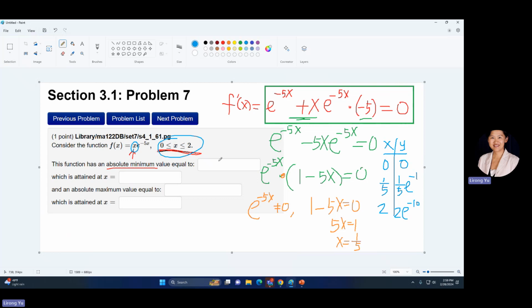The minimum is 0. The maximum is 1/5 times e to the -1. The minimum happens when x equals 0. The maximum happens when x equals 1/5. Right, those are all the answers for this question.